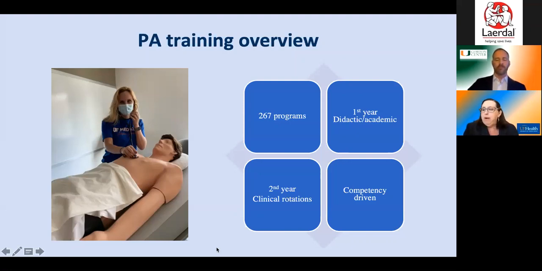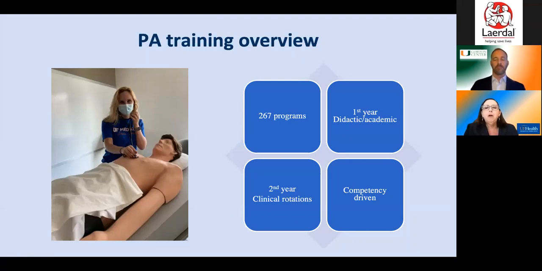Each of the programs has approximately 30 to 75 students and are located geographically in academic health centers and small universities. And some PA programs that are at small universities will receive their simulation-based training at local institutions and share their resources.